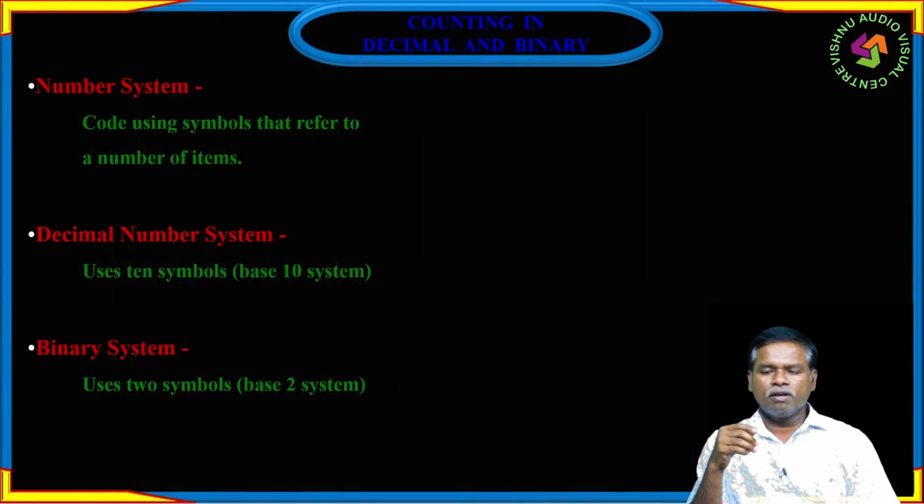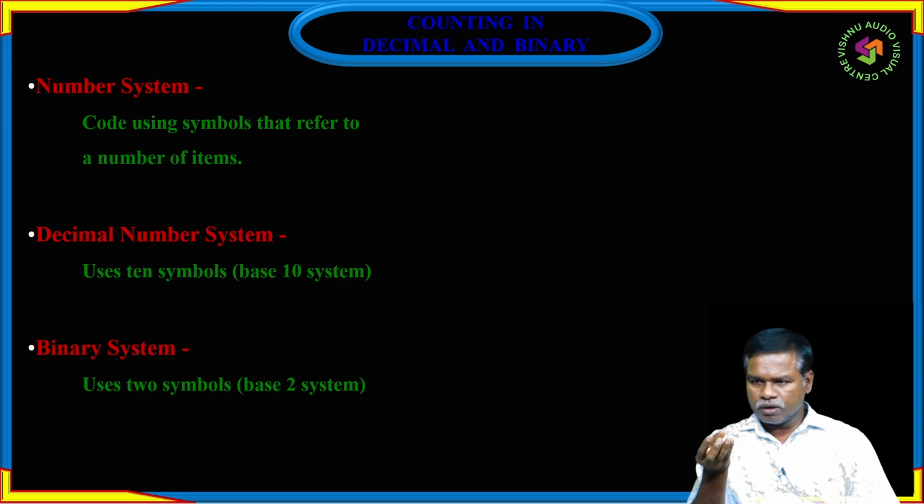Moving on to the first one, that is counting in decimal and binary. First of all, a number system is nothing but a code using symbols. A code using symbols is said to be a number system.